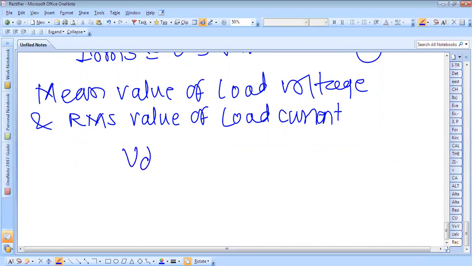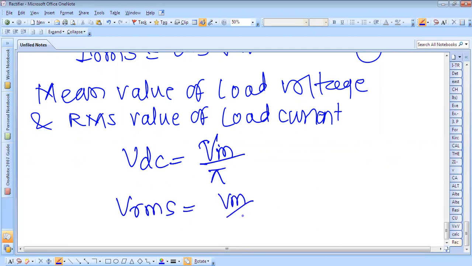The mean value VDC is equal to Vm by pi, and the RMS value Vrms is equal to Vm by 2.